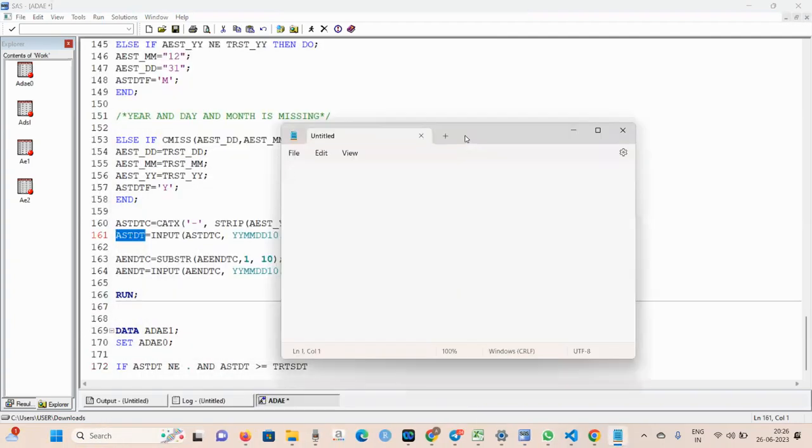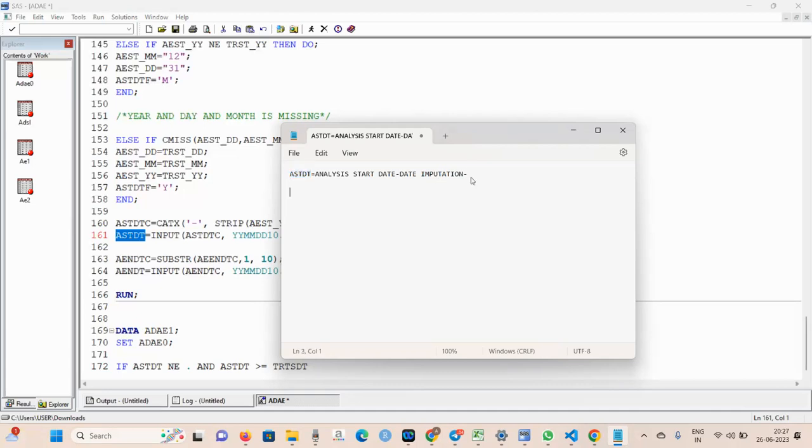So here, AESTDT, which is analysis start date. If you have any partial dates in your data, and you do date imputation as per the SAP, that is when the analysis start date will be derived. So you have to map it.